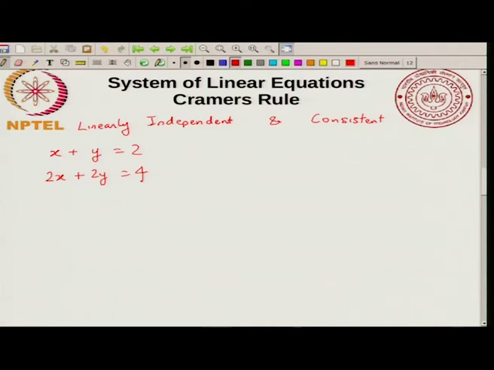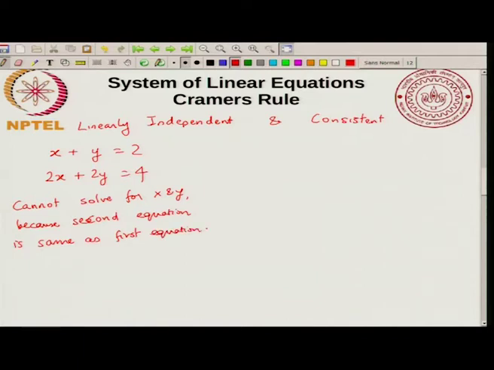The answer is no, you cannot solve for x and y, because the second equation is the same as the first equation. Okay. So, the second equation is the same as the first equation, if you just divide by 2, or the first equation multiplied by 2.